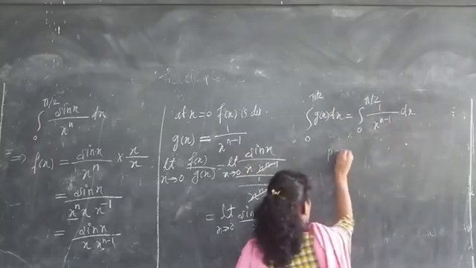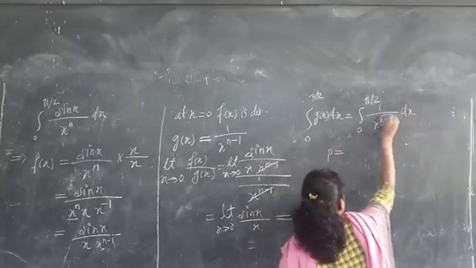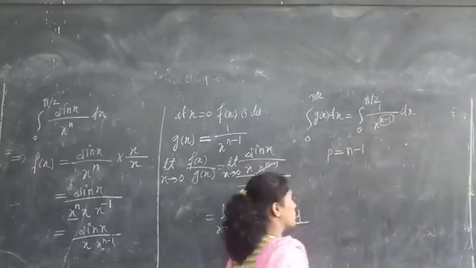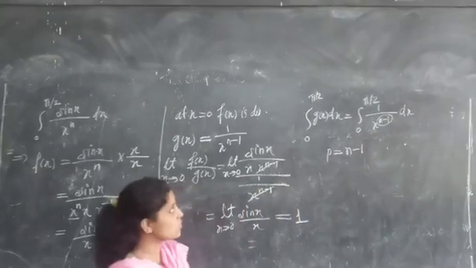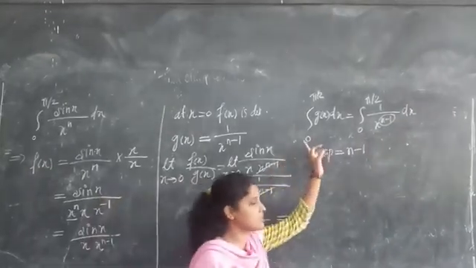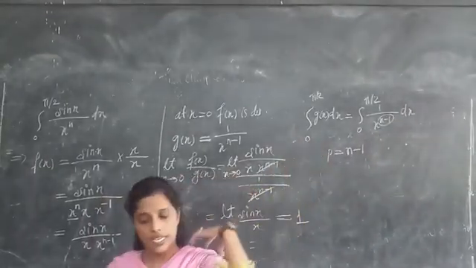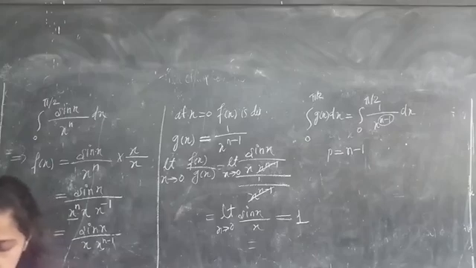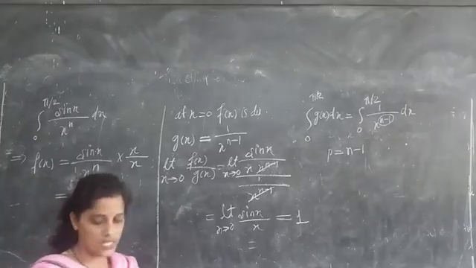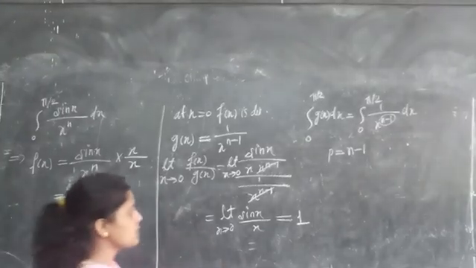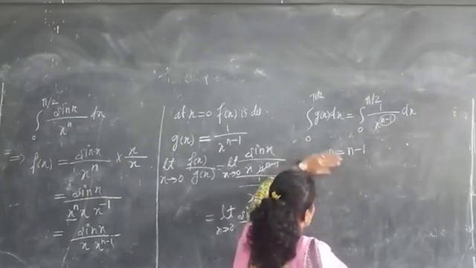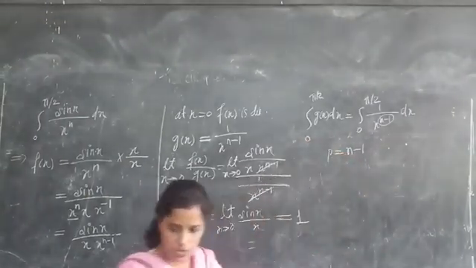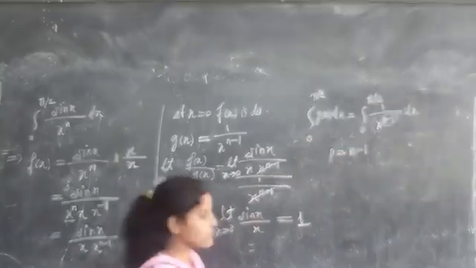So the p value here is n minus 1. This is the improper integral of the second kind, and in the second kind, if p is less than 1 it is convergent, and if p is greater than 1 it is divergent.